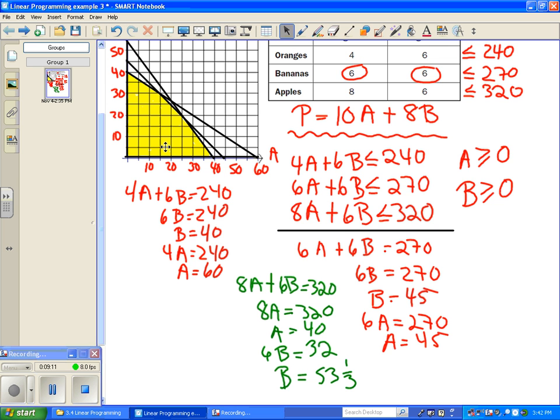As I look at this graph, I can see where all the vertices are, because remember, our maximum will occur at one of the vertices.